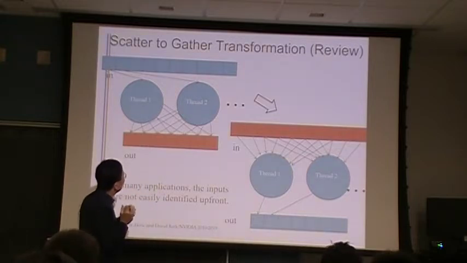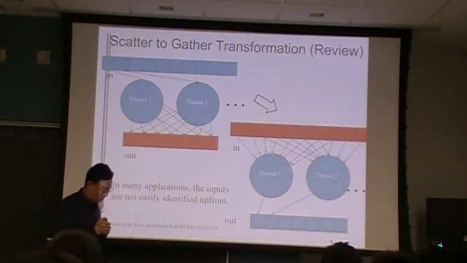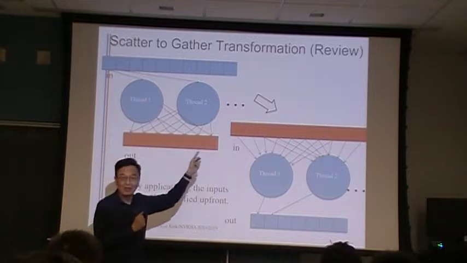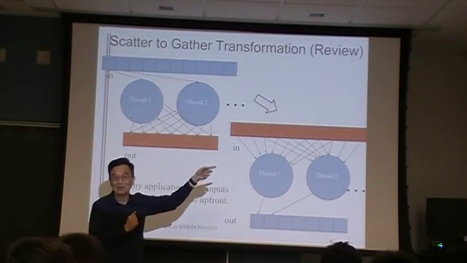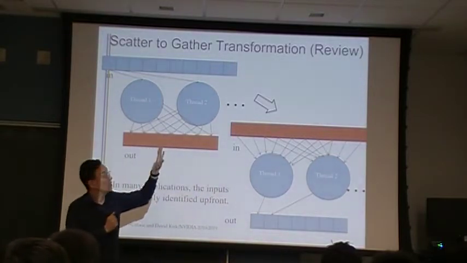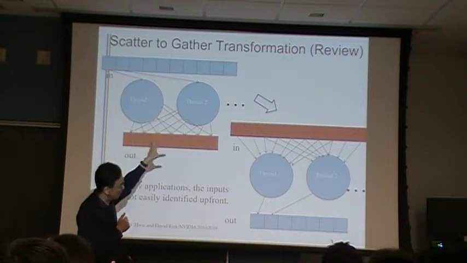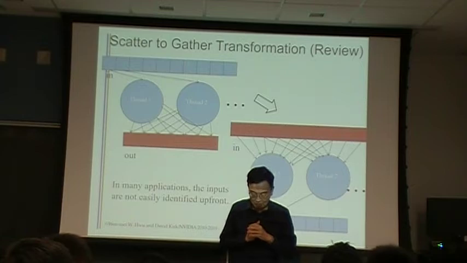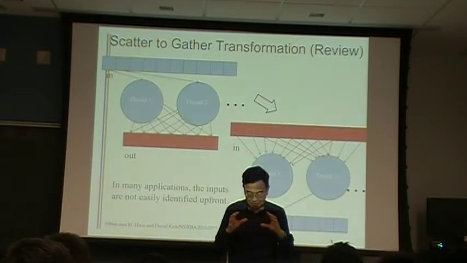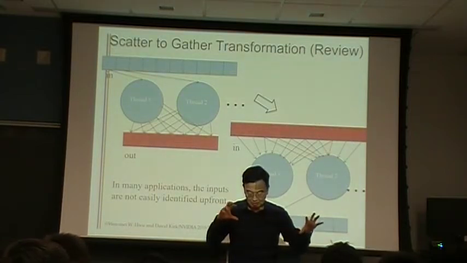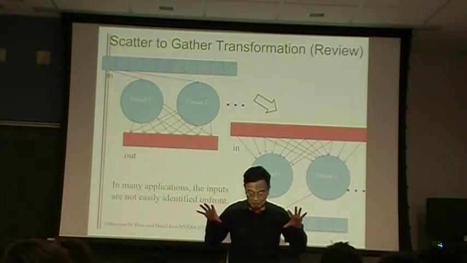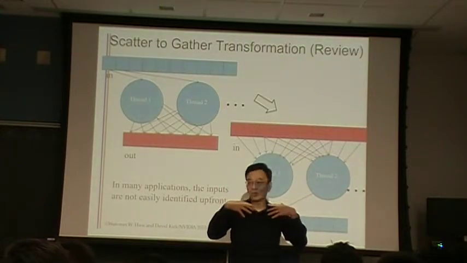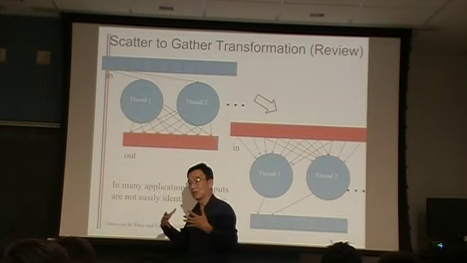So let's go back and review this a little bit. We actually keep going back to this several times, right? We first talked about scatter to gather, and then when we talked about spatial sorting or binning, we came back and talked about scatter to gather, right?